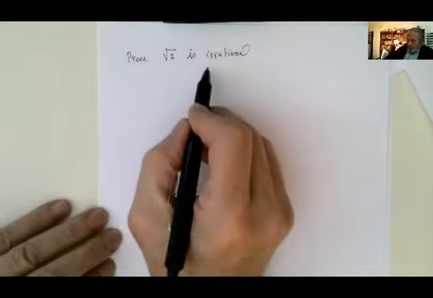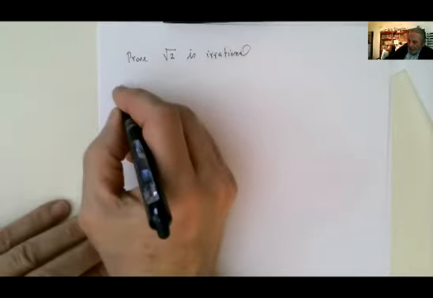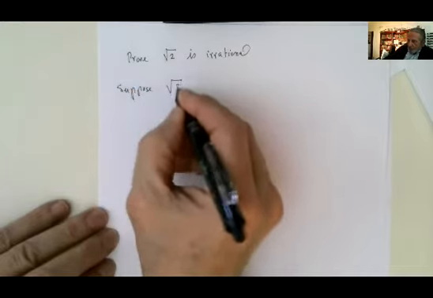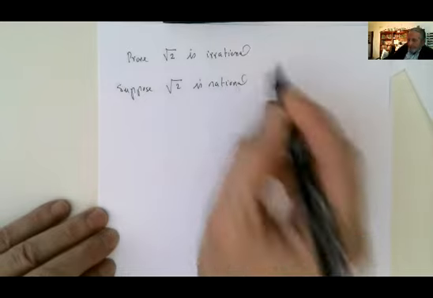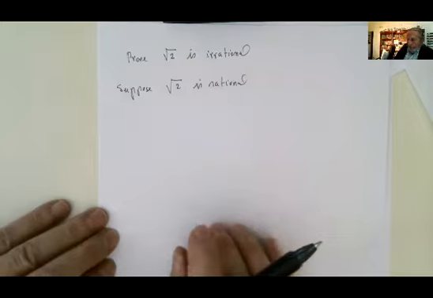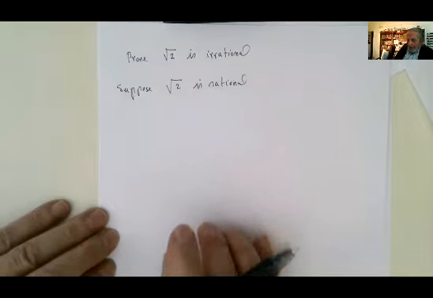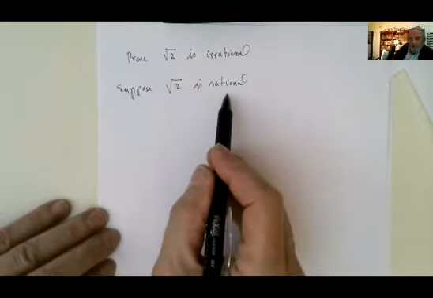So what do you want to prove? You want to prove square root of 2 is irrational. We're going to assume, suppose, square root of 2 is rational. Now I have to get some contradiction somewhere along the way. And when I get this contradiction, I know I got it because I supposed square root of 2 is rational.